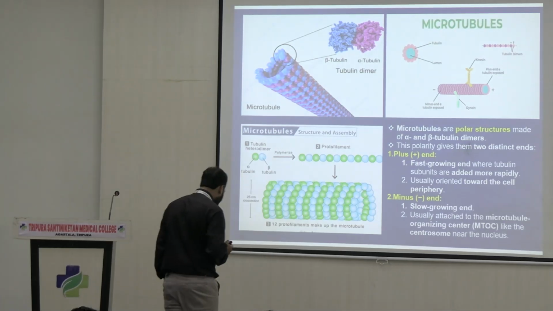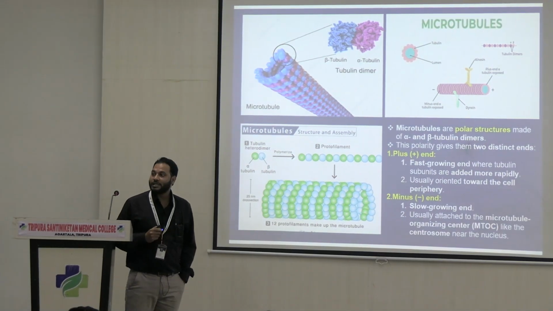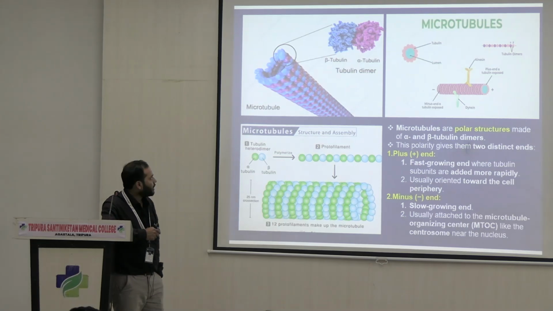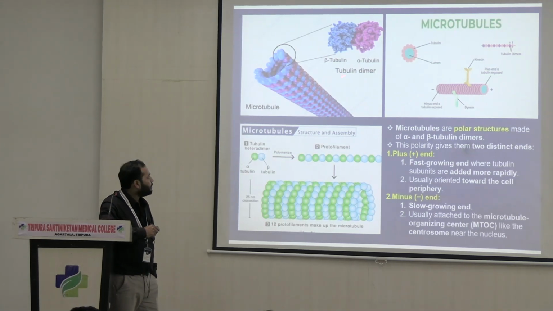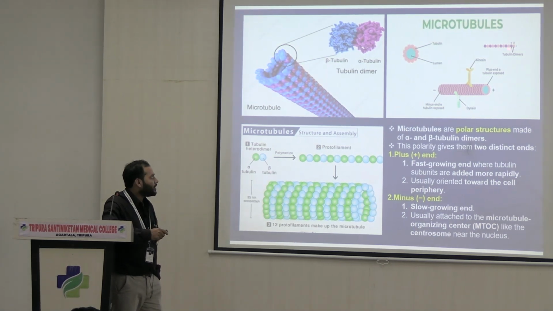See here. This is the two-dimensional structure of the tubulin protein, alpha and beta tubulin. Initially they form the dimer, and during the formation of these microtubules, they first form protofilaments by joining one another.